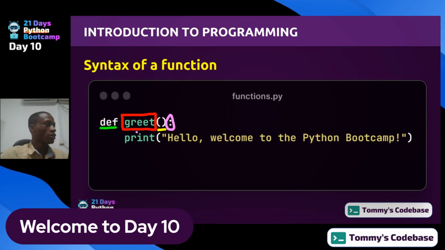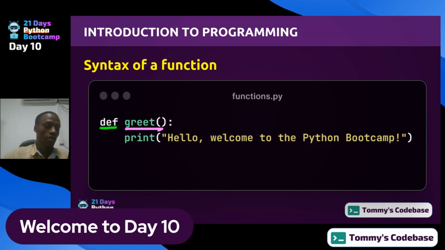So it's just something new, but it shouldn't be difficult to memorize. Just bring up the def keyword, and then you also bring up your function's name, which in our case is greet, and then you bring an empty set of round brackets. For now, let's take it that they are always empty, because very soon we will realize that we can put some things in here and then use them in our functions.